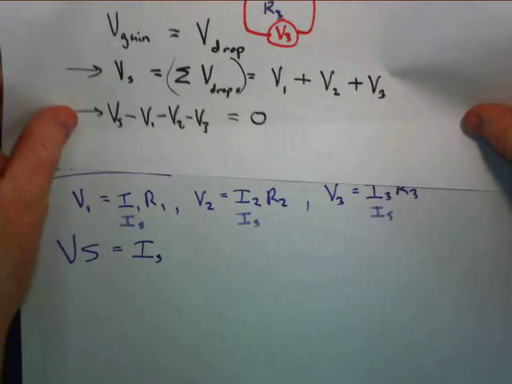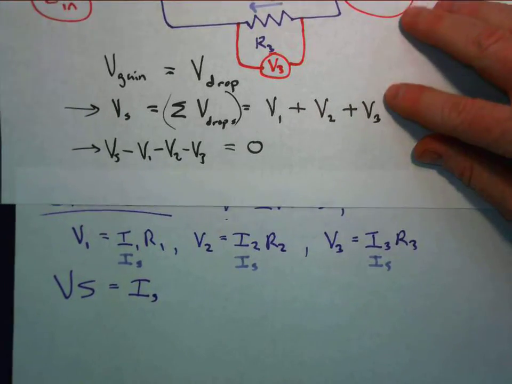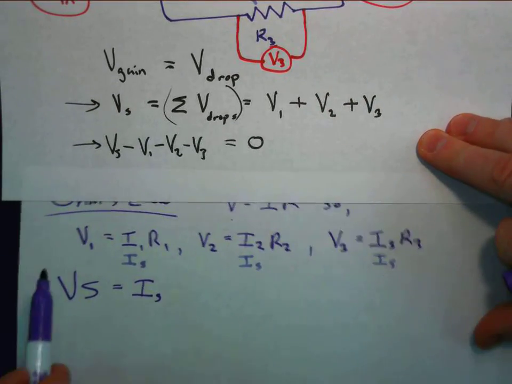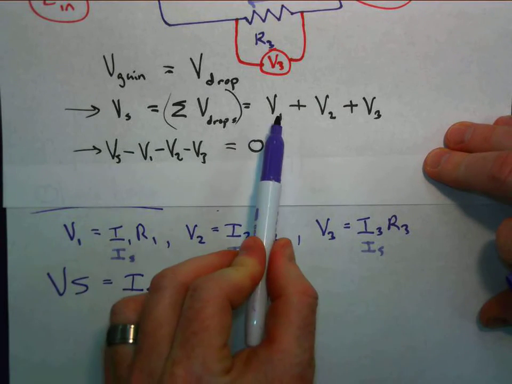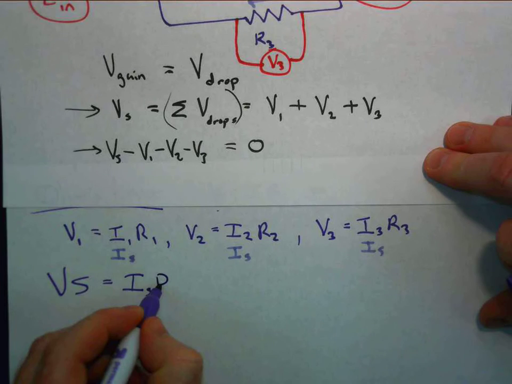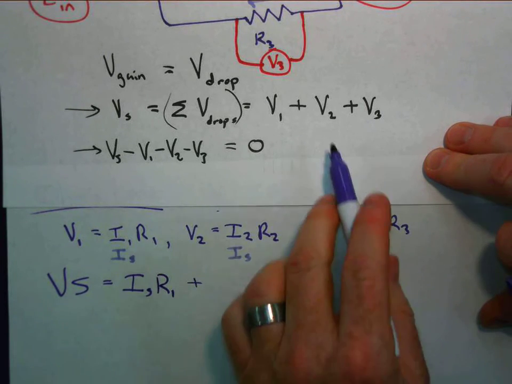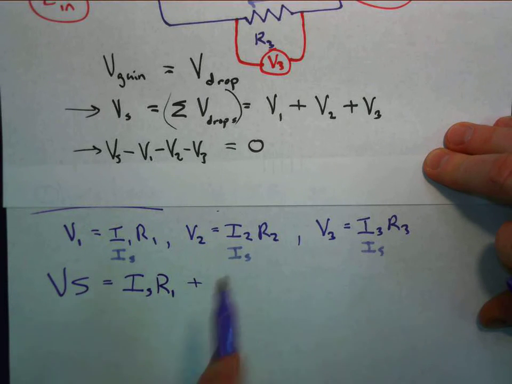So I'm going to do a little combining of things here. So the voltage source equals that voltage 1. Well, voltage 1 is IS times R1. And I have to add V2. Well, V2 is IS times R2.